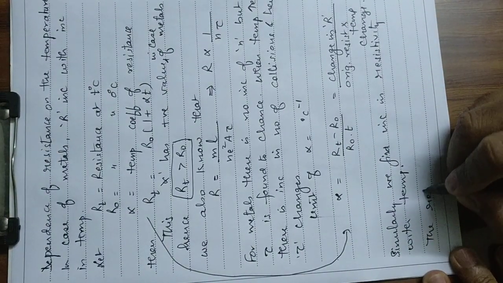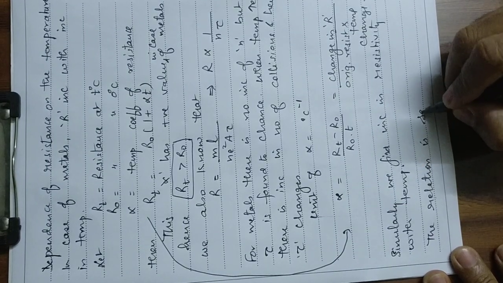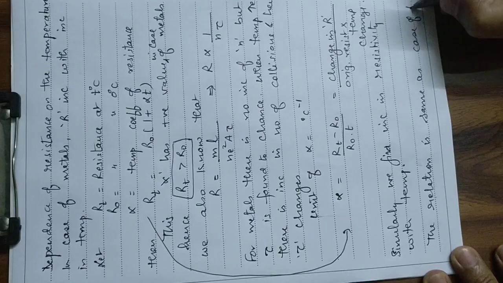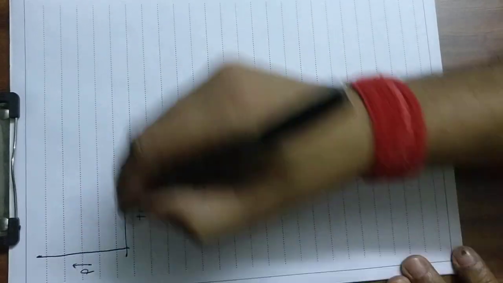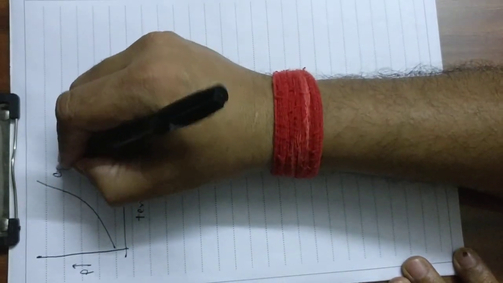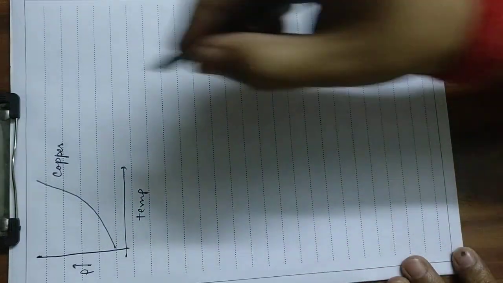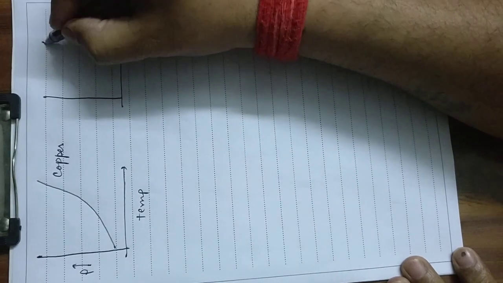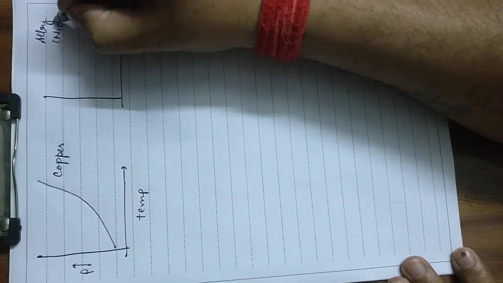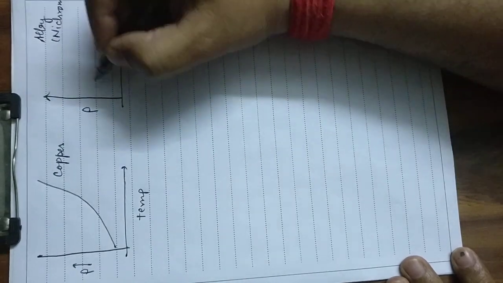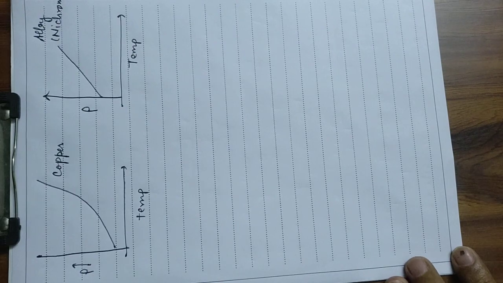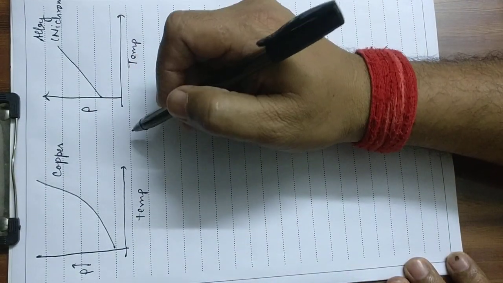The relation is the same as in the case of R. If we plot the graph between temperature and resistivity, we find for copper or metals it follows this type of curve, whereas if we take the example of an alloy, for example nichrome, we obtain an almost straight line graph. So this is for metals.